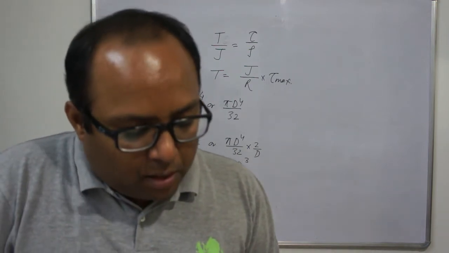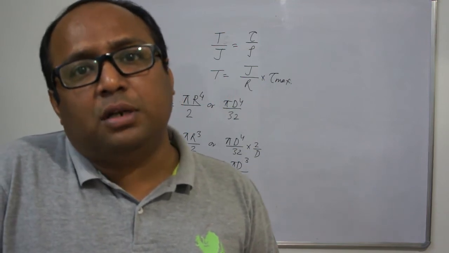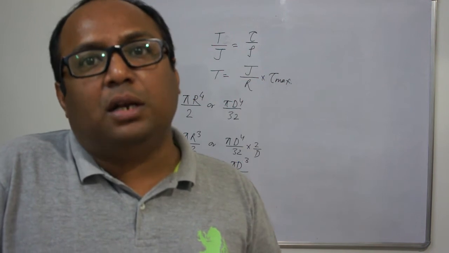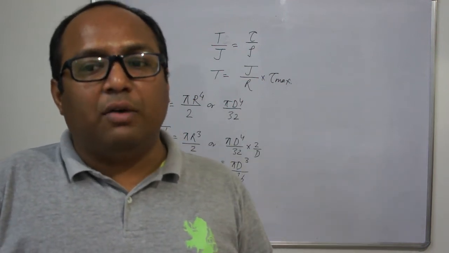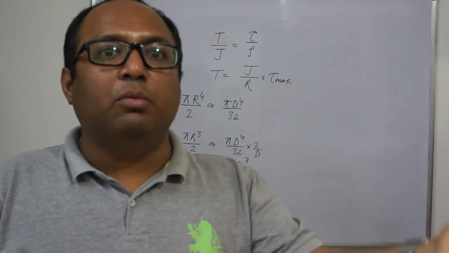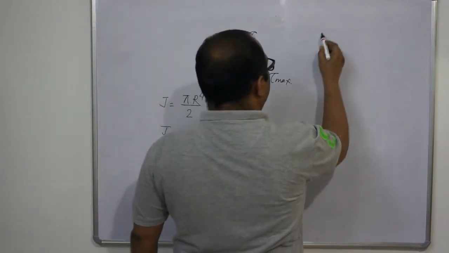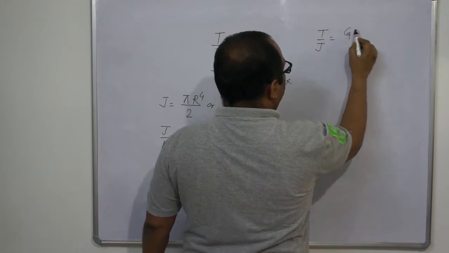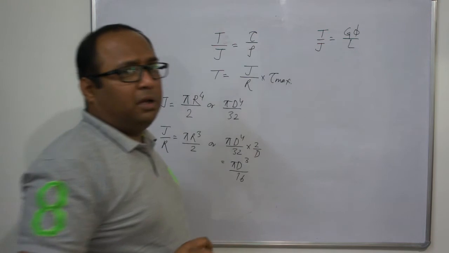There can be certain situations where you want to design based on the deformation also, that you don't want the shaft to twist beyond a certain limit. So you can use the next part. If you don't want the shaft to go beyond a certain limit, the angle of twist should not be more than that. So you need to use this formula, T by J equals G phi upon L. See, G is the material property.